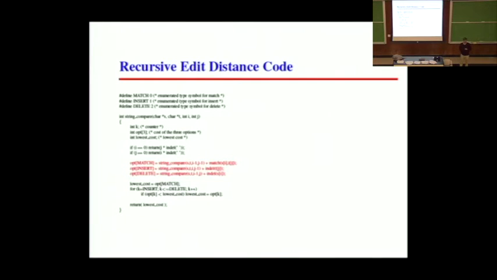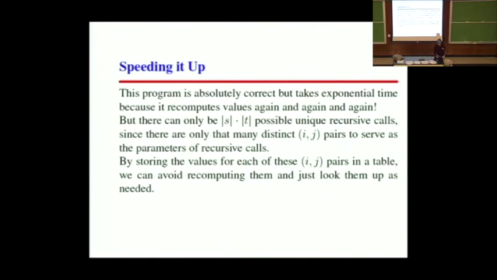If, on the other hand, we have our table where we store for every possible i and j the cost of editing the first i characters into the first j characters, then although there's an exponential number of potential calls if we did this without storing anything, there are only n times m possible pairs, a string of length n times a string of length m. So my state here is going to be quadratic instead of exponential. Any questions?